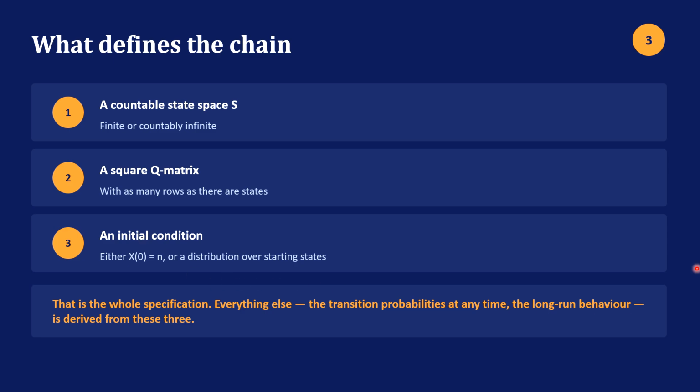That's the entire specification. Everything else in this lesson, the probability of being in state j at time t, the long run proportions, the limiting behavior is derived from those three ingredients.